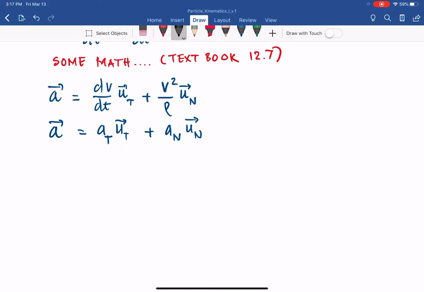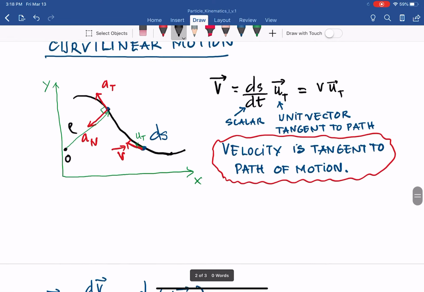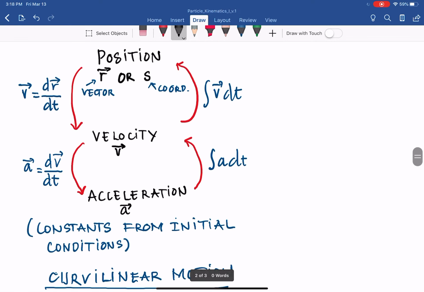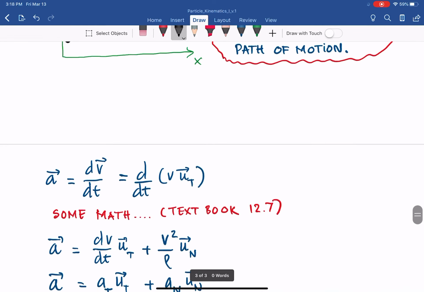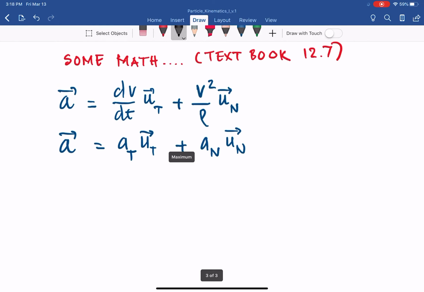For acceleration in curvilinear motion, unlike rectilinear motion where you only have one component a, the acceleration has two components.